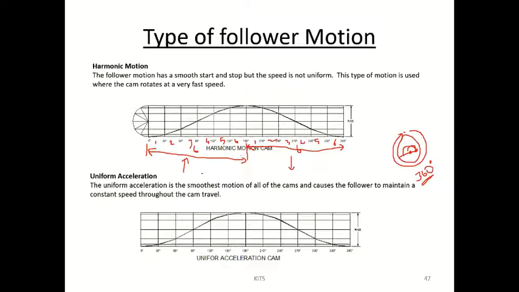Here this is the outstroke, that is moving upward. This is moving downward, that is the return stroke. The outstroke and return stroke should be equally divided. If you divide this side by 6, this side should also be 6. If you divide this side by 8, here also you have to divide by 8. If you divide this side by 12, here also 12.